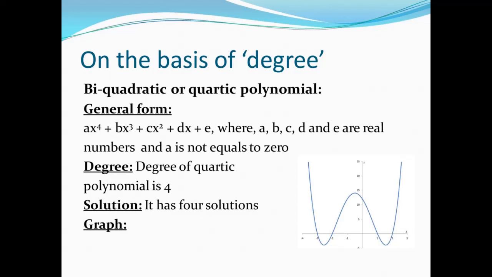If a is equal to 0, then biquadratic polynomial gets converted into cubic polynomial. Biquadratic polynomial has 4 solutions. Example of biquadratic graph is shown.